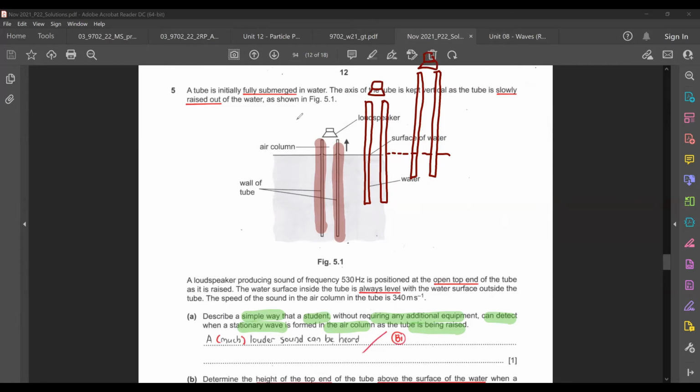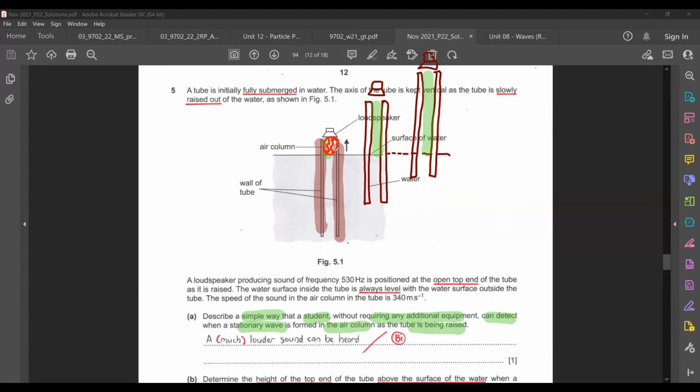So what's happening here is that as you raise the tube up, you have a column here, highlighted in green. Your sound waves will travel downwards. It hits the water surface, it gets reflected back, and then in principle, it should form a stationary wave. But I mentioned to you before, in practice, it doesn't form at any frequency or any lengths.